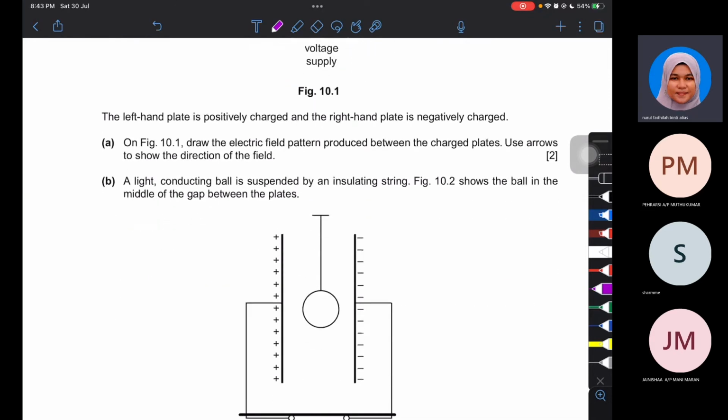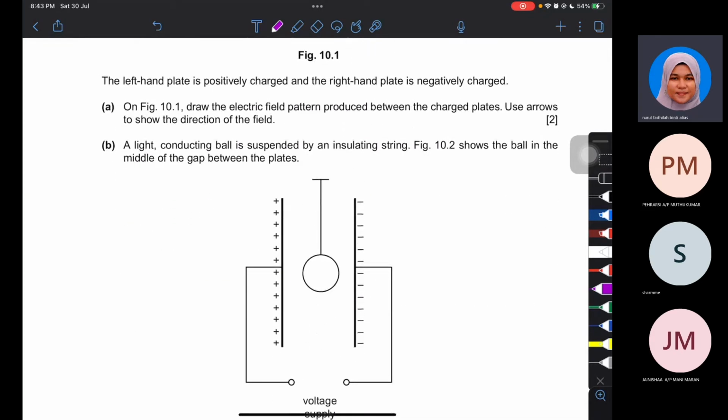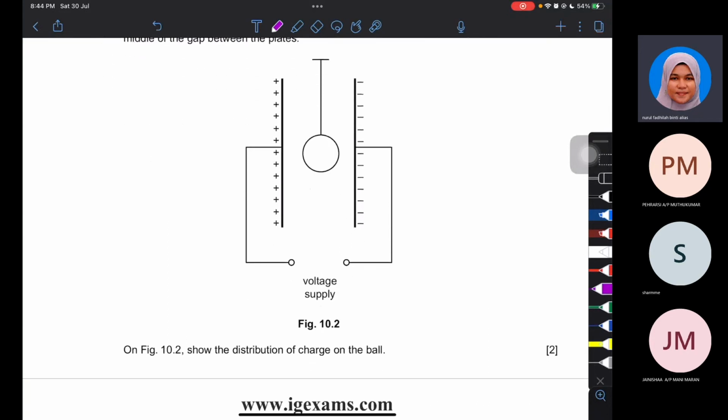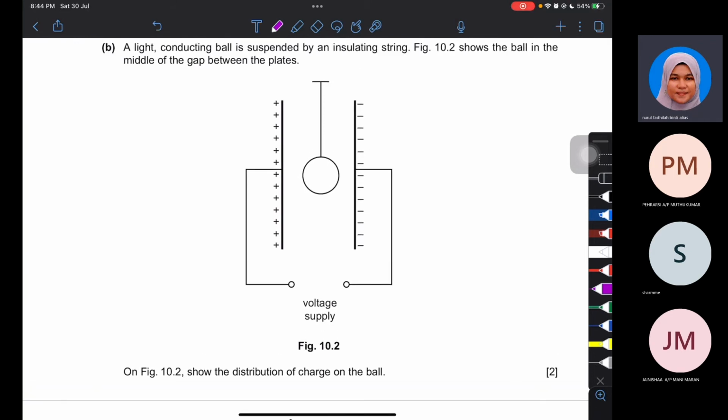And then a light conducting ball is suspended by an insulating string. Shows the ball in the middle of the gap between the planes. Okay, ada ball. On figure 10.2, show the distribution of charge on the ball.